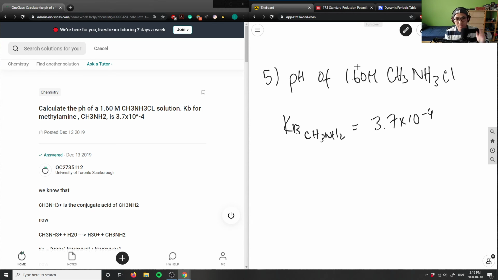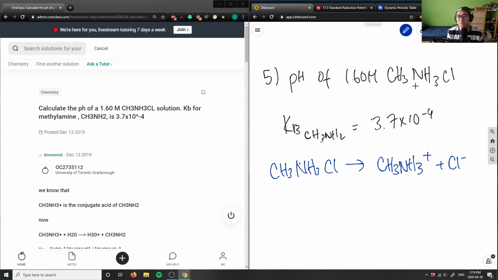So basically, we want to write this chemical reaction. We're given this compound first, so we want to figure out the dissociation of this first. We have CH3NH3Cl, and this is going to dissociate into two ions, CH3NH3 plus and Cl minus. It's going to dissociate if you put it in an aqueous solution here.